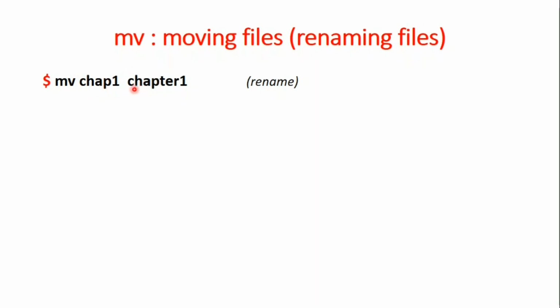So in this way I can perform a rename operation, and this rename operation will not create a new file. It simply changes the name of the file, that's it. So the size of the directory or the size of the disk will not be increased by making use of the mv command.